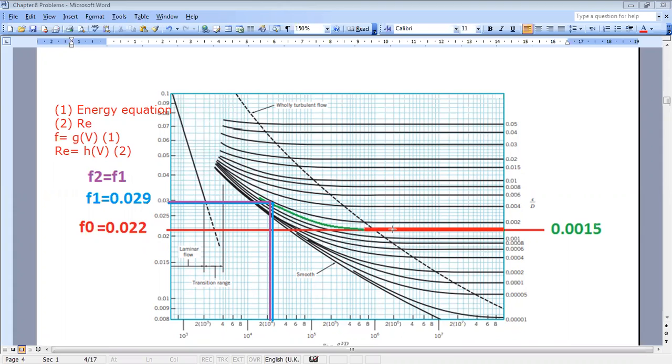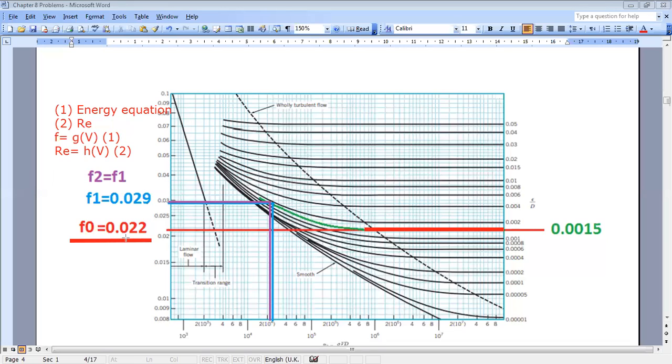Okay, so because for a high interval of Reynolds numbers I have nearly a flat curve, I can start with an assumption of a friction factor corresponding to this flat curve. So if you extend your flat curve until here, you can read a value for friction factor of 0.022. Okay, so as initial assumption, to be able to start my calculation, I will assume this value of F0.